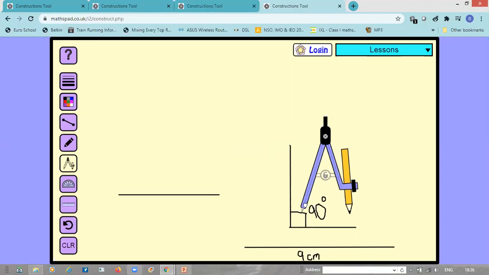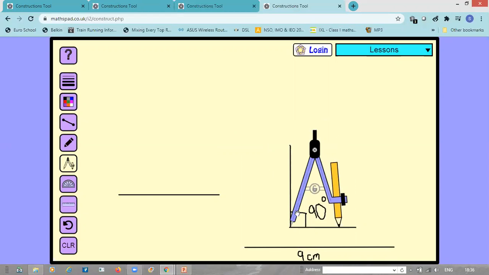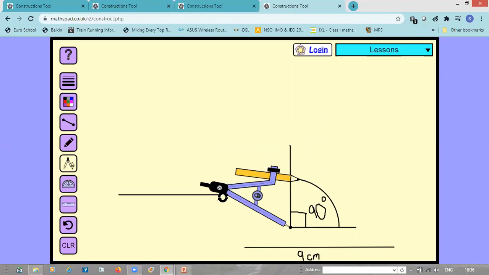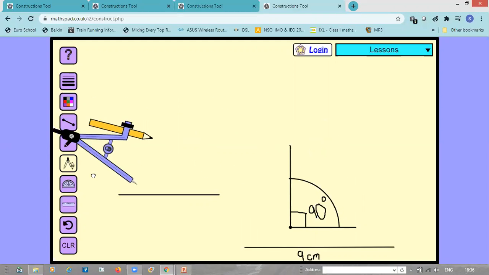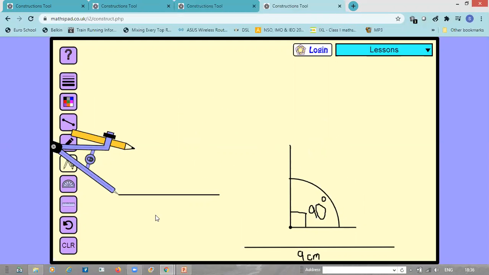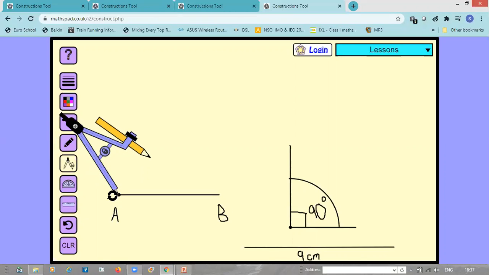Bring your compass to the side angle's vertex just like this and make an arc of any radius. Now with the same radius, bring your compass to this line, and for your reference, I will again mark this as A and B. So bring it to point A and make an arc here.